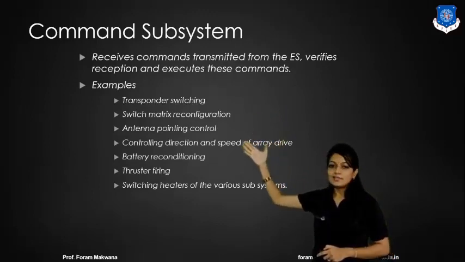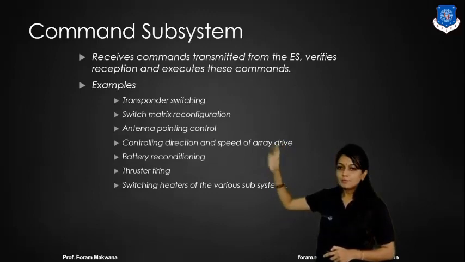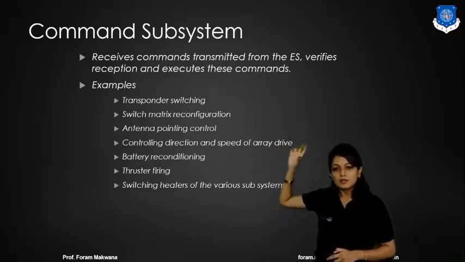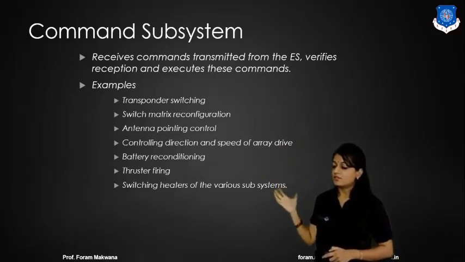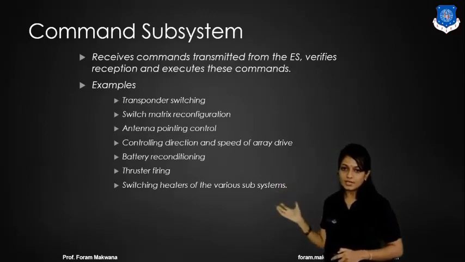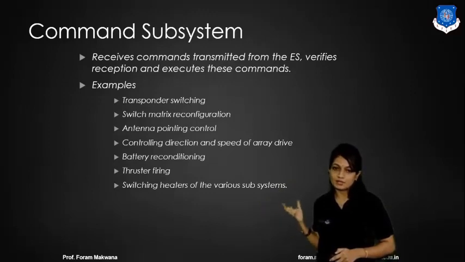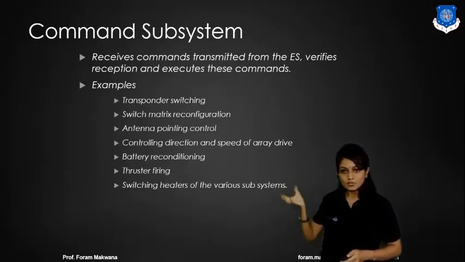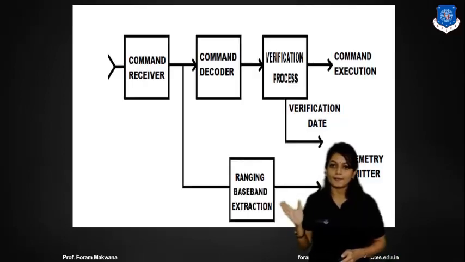Is antenna pointing required or not? Do we need to direct or speed up the solar array? What is the battery conditioning? Whether the thruster is fired or not? And whether we need to turn on or turn off the heaters or various subsystems. Alright? So these are the commands that are required.